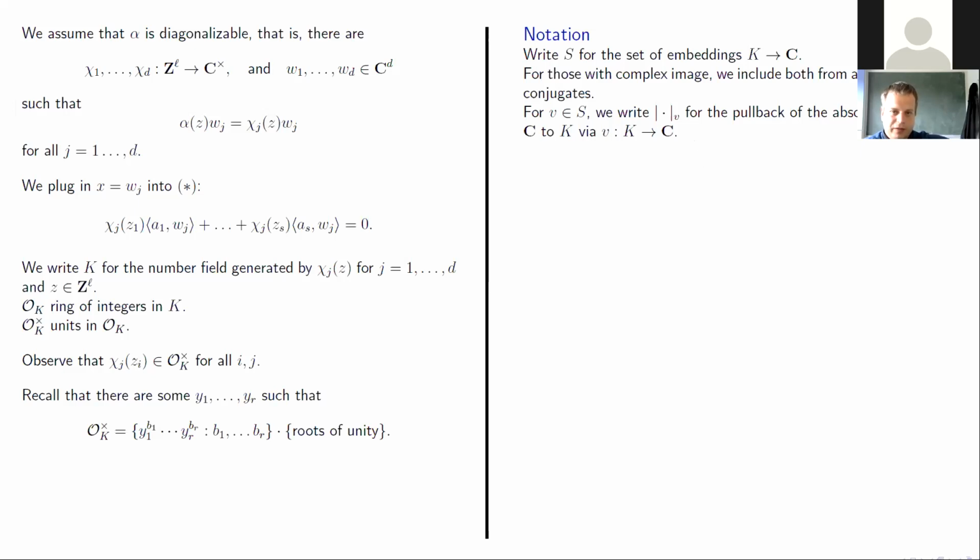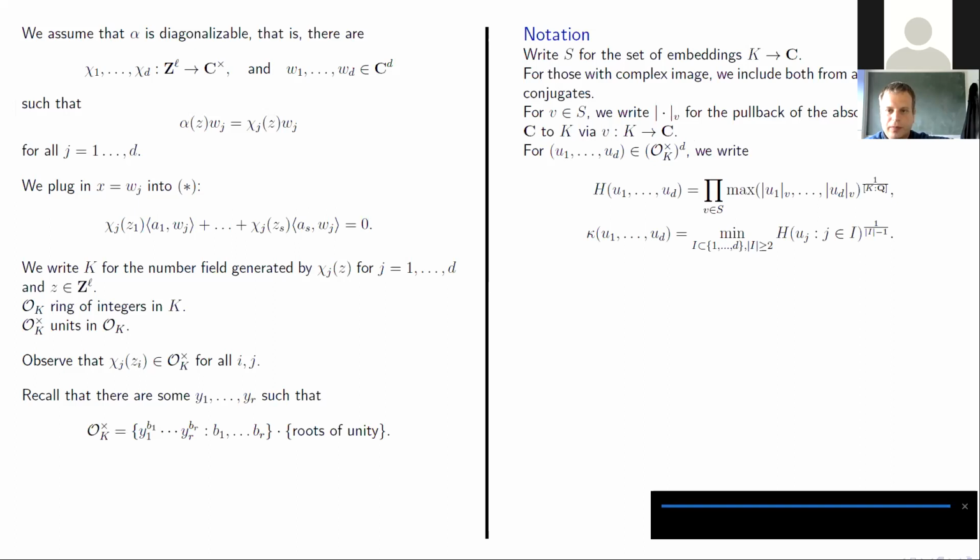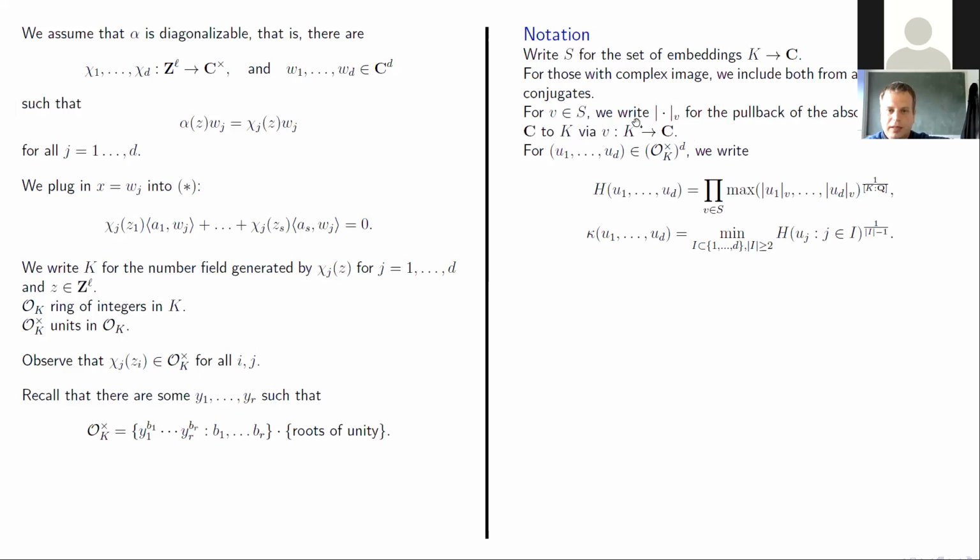So this way, I have many of these absolute values, and then I need two quantities. The first one is a standard one. It's called the height. What I do is I take each embedding, I have a vector of units, and I take the maximum of the absolute values of each coordinate, and I multiply together for each choice of the absolute value.